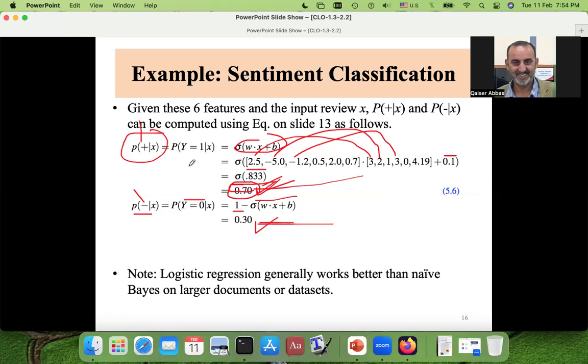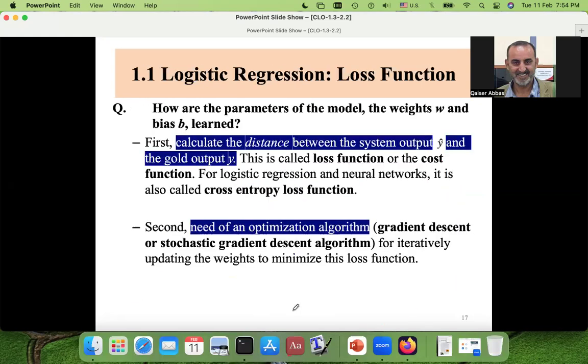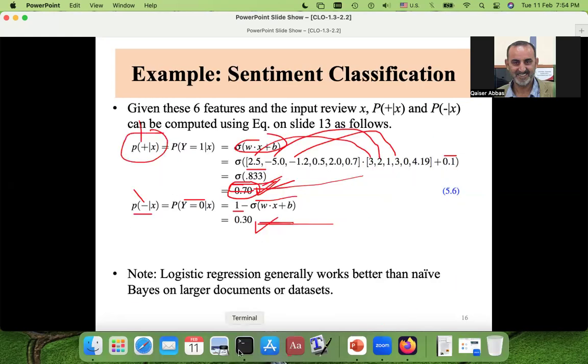As I said, we can introduce a threshold of 0.5, and if the probability is greater than 0.5, it is 1; if not, 0. It is up to you, you can make it 0.4. So this is an example of logistic regression with sentiment classification.